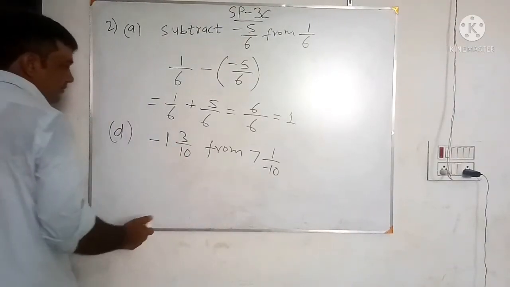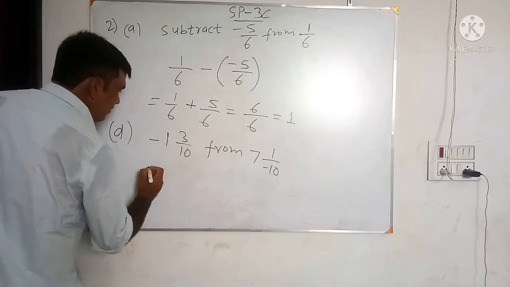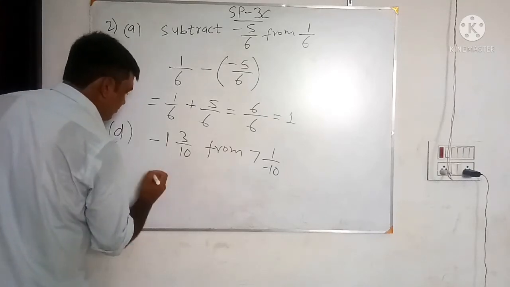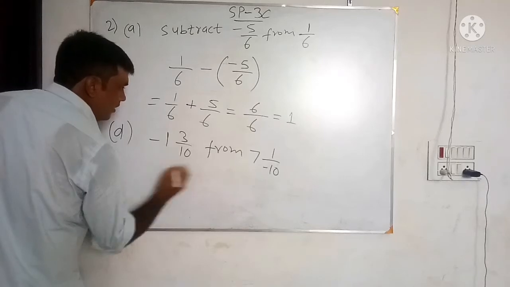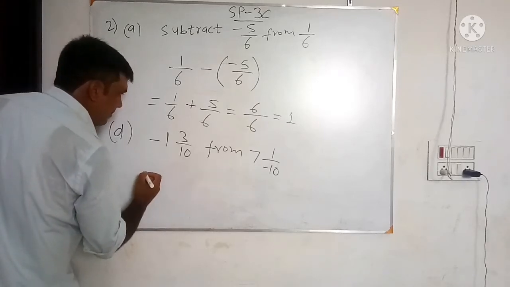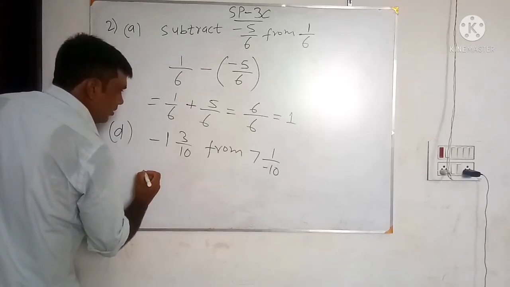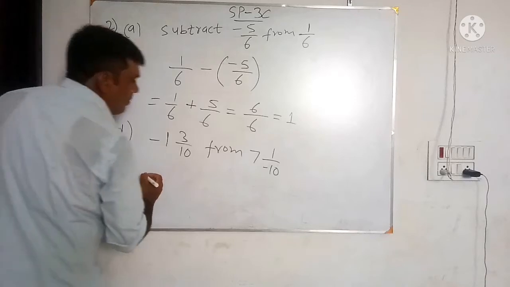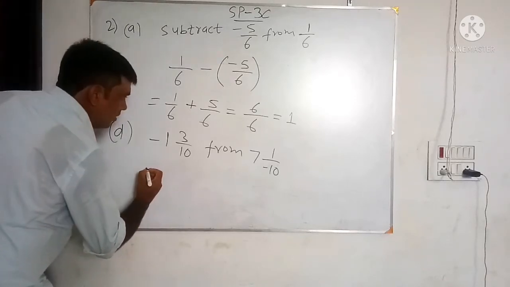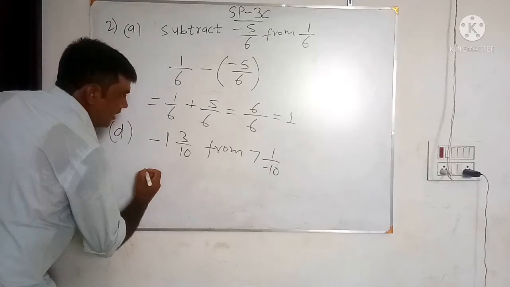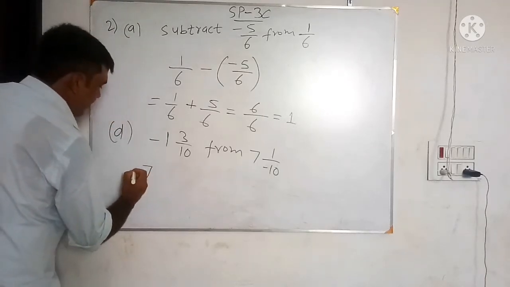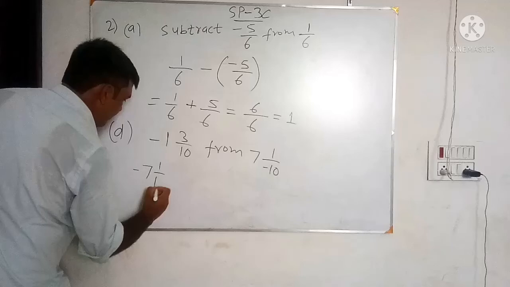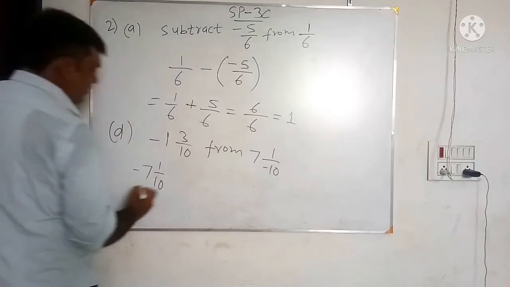So in the standard form we can write it as minus 7 1 by 10.